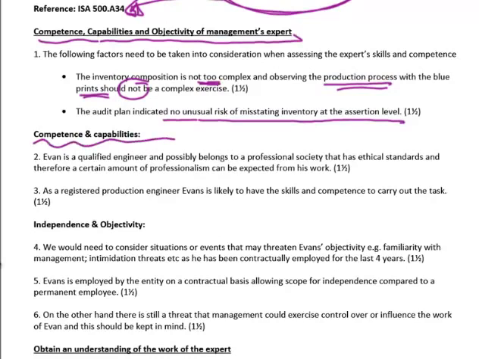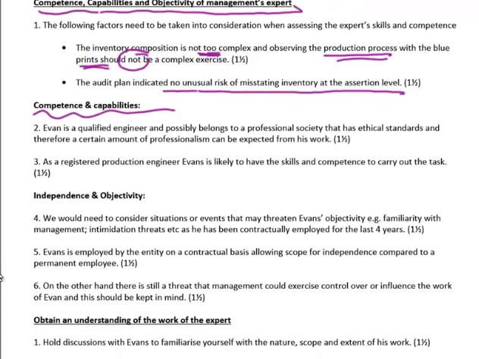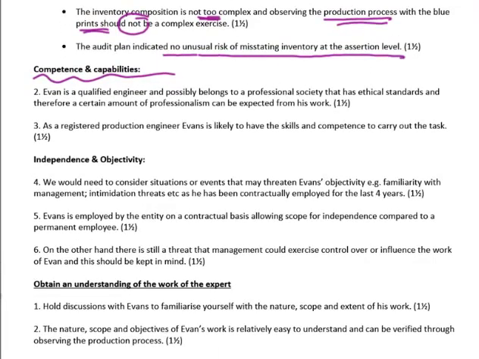Evans is a qualified engineer and possibly belongs to a professional society that has ethical standards and therefore a certain amount of professionalism can be expected from his work. So he seems to be quite competent. And as a registered production engineer, Evans is likely to have the skills and competence to carry out the tasks. So we've assessed his competence and capabilities. He seems to be competent so far.